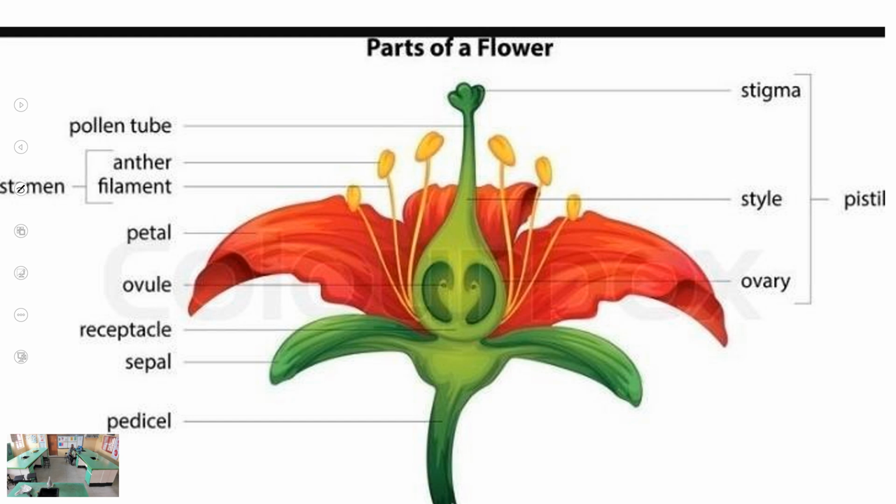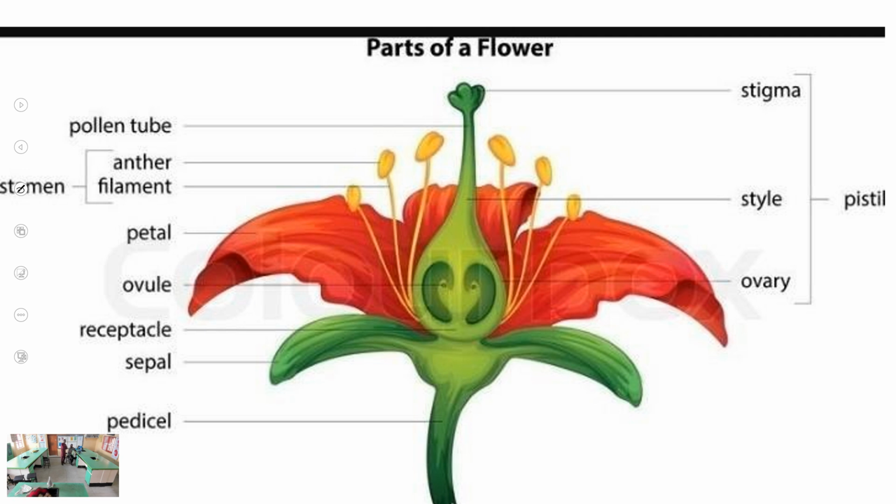As you can see, this is a longitudinal section of a flower. Looking at it from the lower end, we have the pedicel, just like I said, a flower is a cluster of modified leaves borne on a shortening stem called the pedicel or the flower stalk.